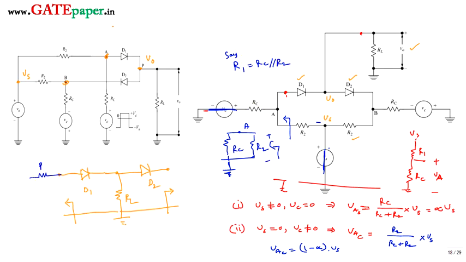So this is the equivalent resistance across node A, and it has an equivalent voltage of two voltage sources. One is plus minus, and the other is also plus minus. One is alpha Vs, the other is 1 minus alpha times Vc. Since the circuit is symmetrical, only the polarity of Vc differs.